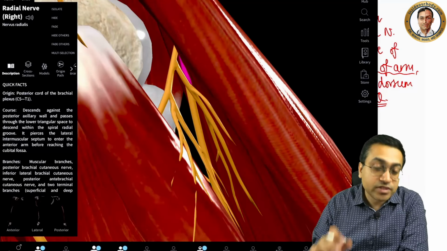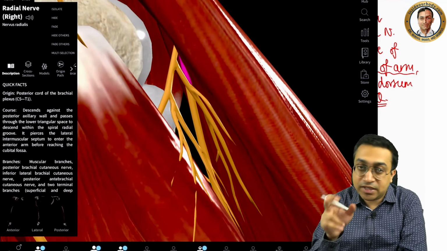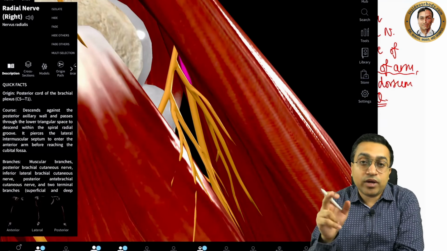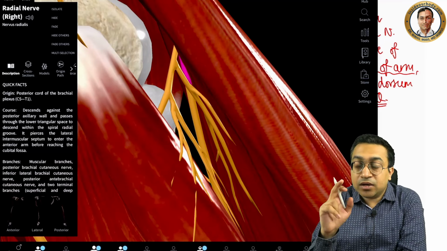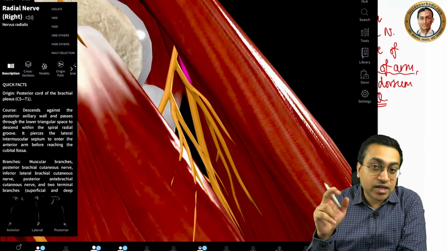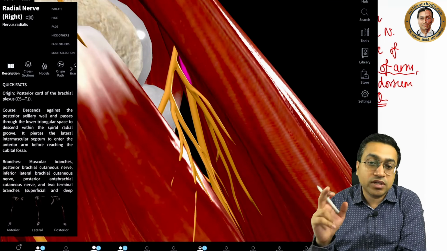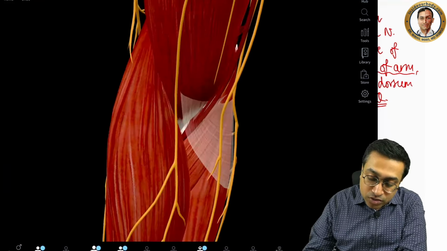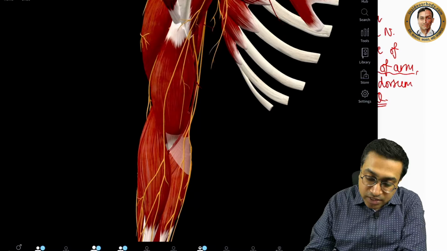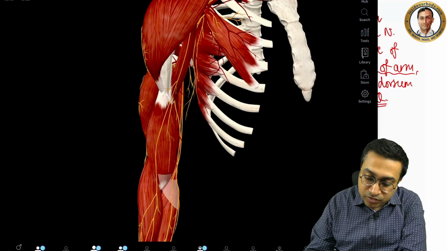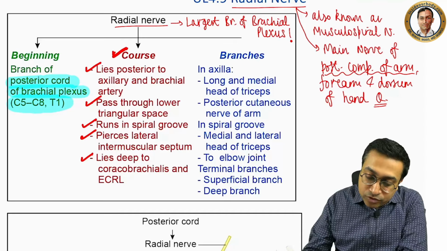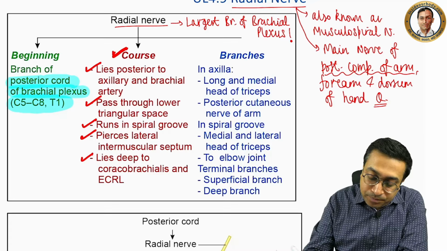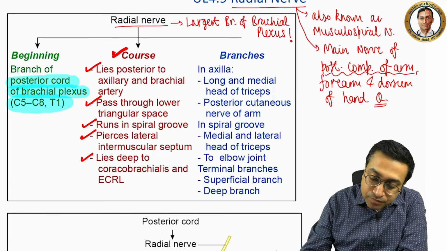So radial nerve is lying deep to the ECRL as well as coracobrachialis, but the nerve which pierces the coracobrachialis is different, that is the musculocutaneous nerve. Okay, so do not confuse between these. So I hope now you know the course well. This is just an understanding we have to develop in 3-dimensional view. Okay, so now coming on to this region, the axilla.